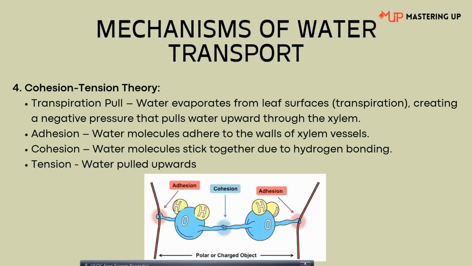Transpiration occurs and water evaporates from the leaf surface, creating a negative pressure that pulls water upward through the xylem. Due to root pressure the water enters the xylem, and by transpiration pull this water is pulled from the root to the higher portion of the plant. So transpiration pull is the major important thing.